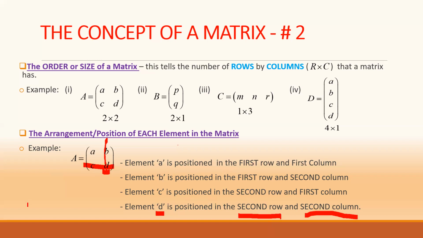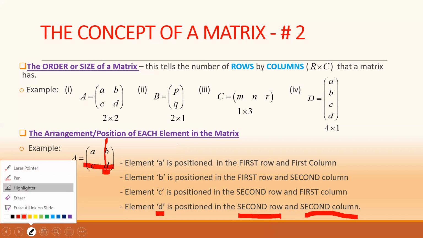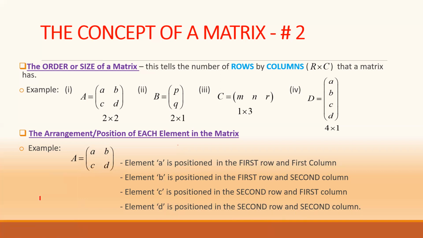So guys, I hope that was clear to you. It's pretty simple, nothing difficult to tell the position of each element within the matrix. And just remember that for the order of the matrix, you tell the row by the column. When you're writing it, you write the number of rows first, followed by the number of columns. Do not write the number of columns first and rows last.